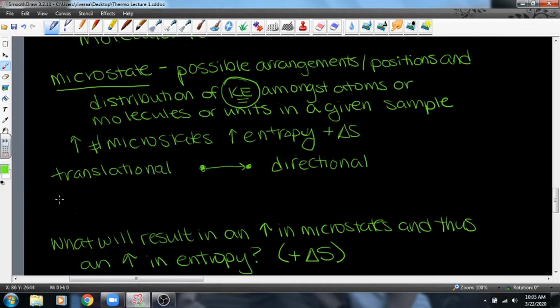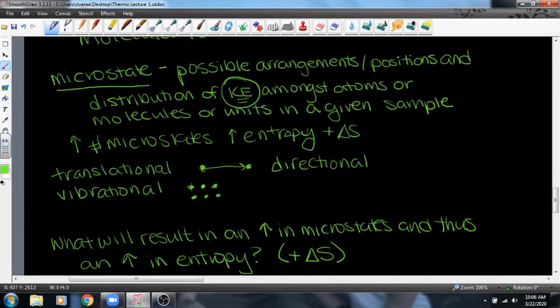There's also something called vibrational movement. And that's just like it sounds. It's talking about how those molecules move towards and away from each other. So if I have a sample of a solid and these particles are pretty close together, they are vibrating, or they have their own internal kinetic energy, so they're moving back and forth in relation to each other.